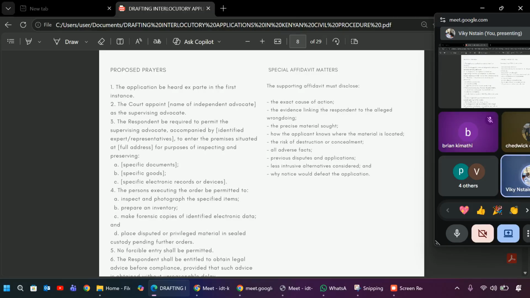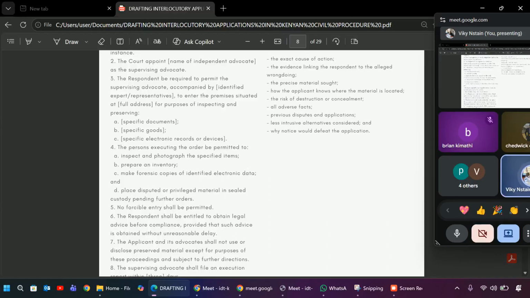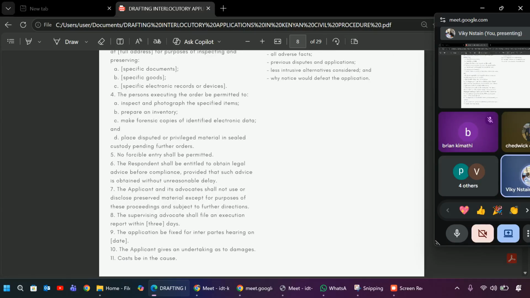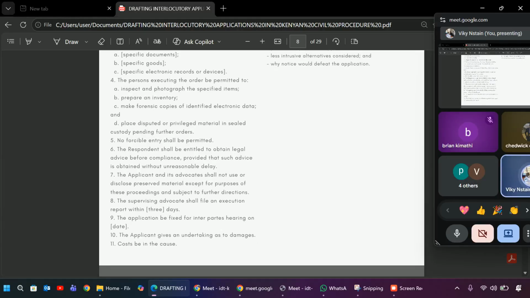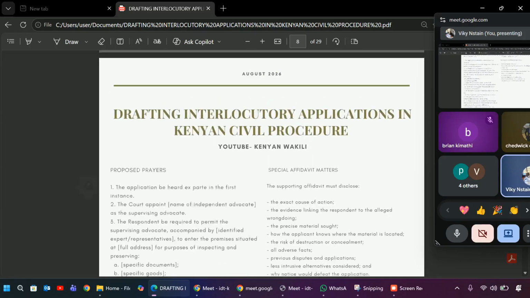So take note also to say that no forcible entry shall be permitted, that the respondent be entitled to obtain legal advice before compliance, provided that such advice is obtained without unreasonable delay, that the applicant and its advocate shall not use or disclose preserved material except for purposes of those proceedings and subject to further directions. So take note of how this kind of application is trying to comply with the data protection laws, and that the application be fixed for inter partes hearing on a certain date.